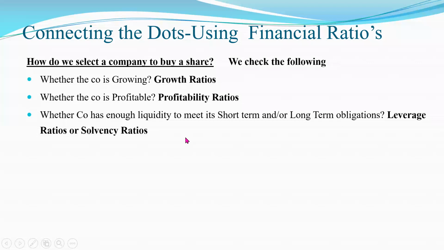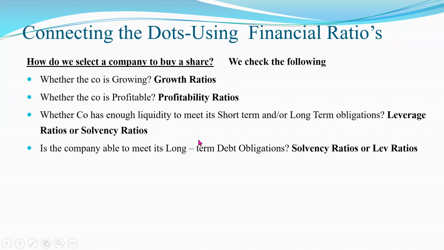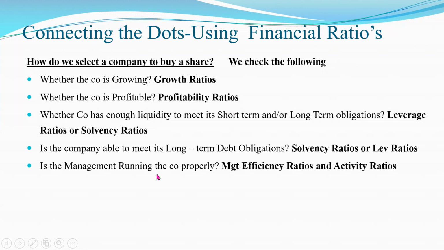Then we'll see how much debt the company has, the long-term debts and the short-term debts. These are the leverage ratios, also called solvency ratios. This debt will tell me whether I'm investing in a company which is very highly debt driven. Some companies are like that, like Adani's and all.